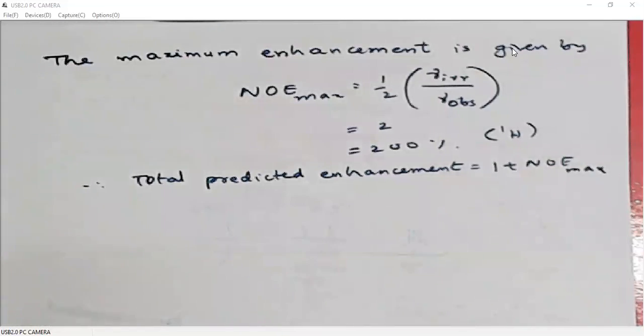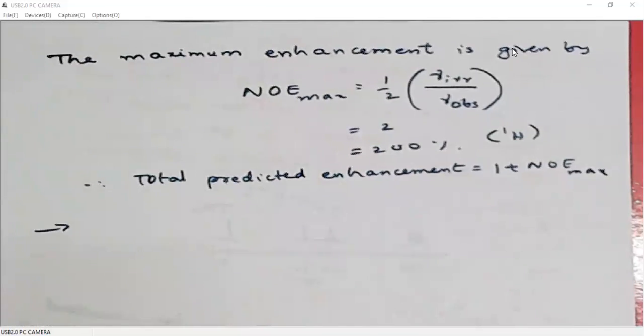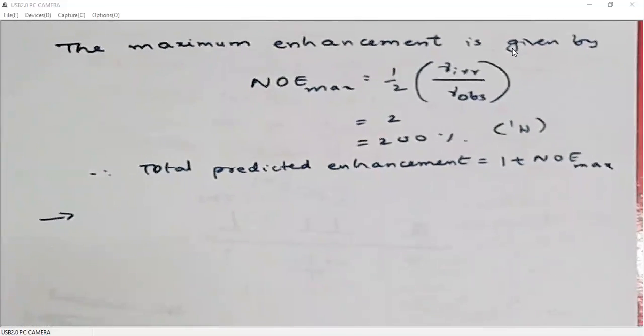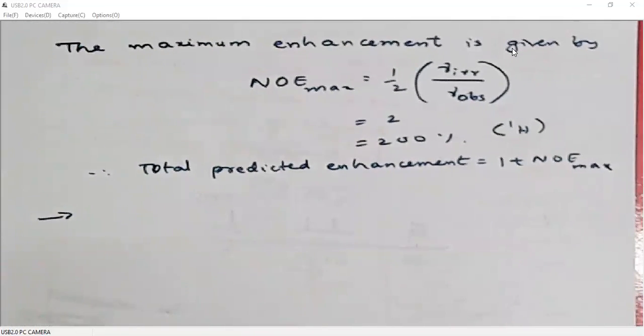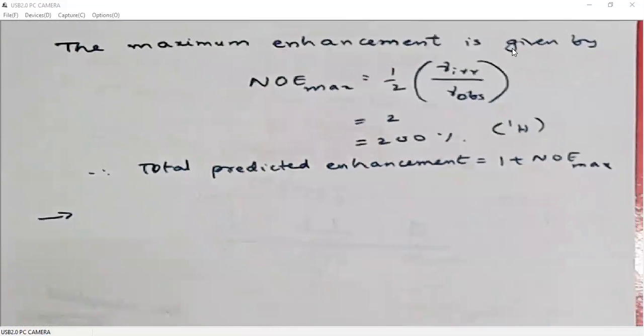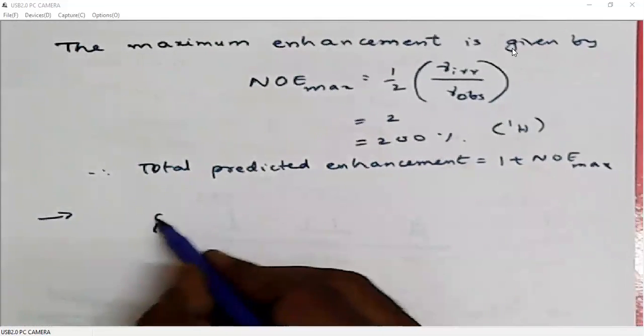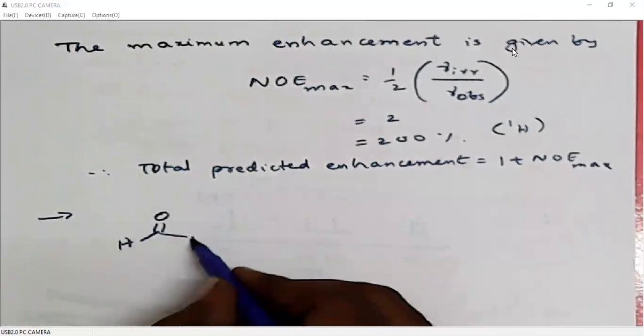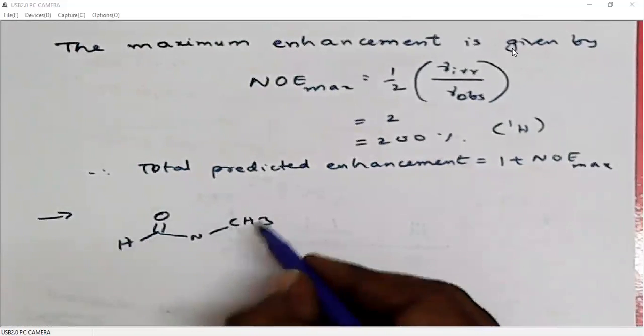NOE effect can be a great help in carbon 13. As we have discussed for the previous case, proton coupled carbon signals were less intense, whereas proton decoupled carbon signals were of very high intensity. The same concept can be applied to this.